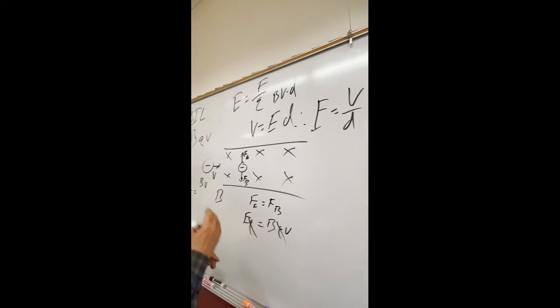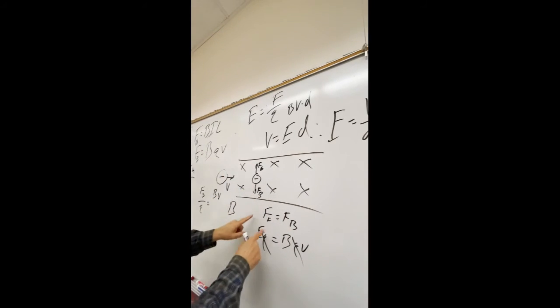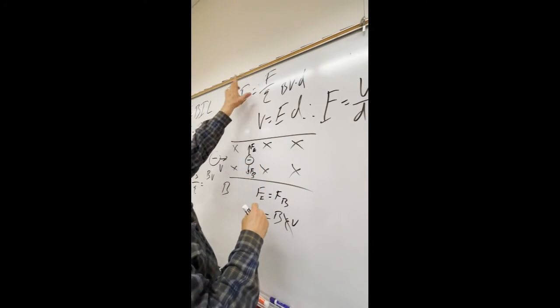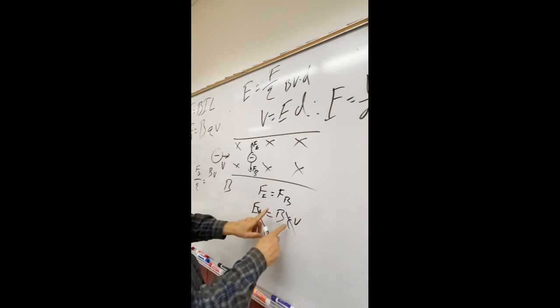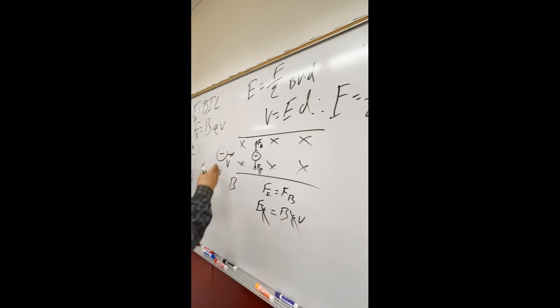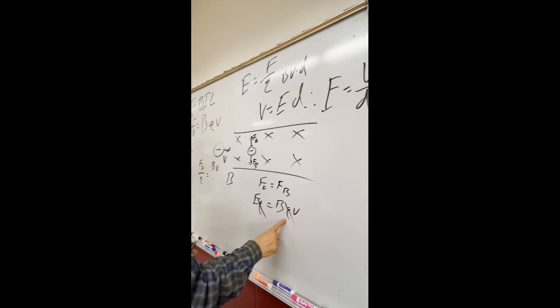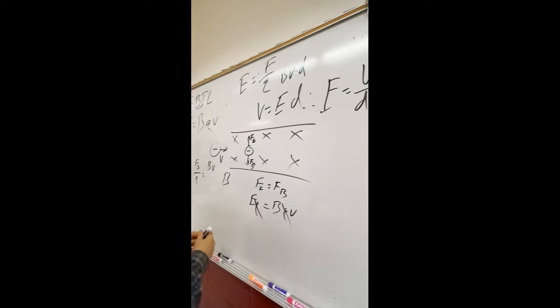So these are forces. The electric force is qE, from this right here. The magnetic force is BqV, from this. So qE is equal to BqV. Now we've got the electric field.